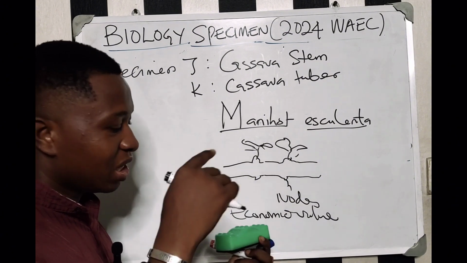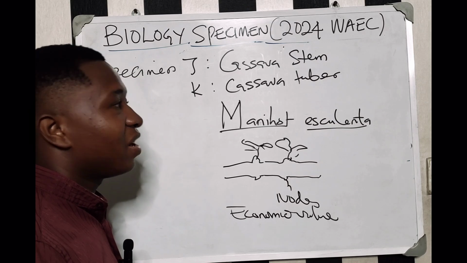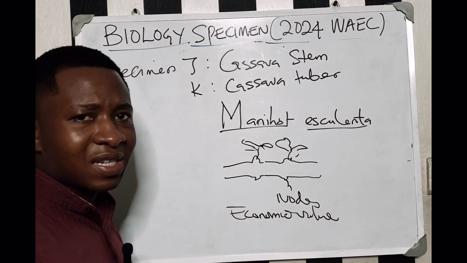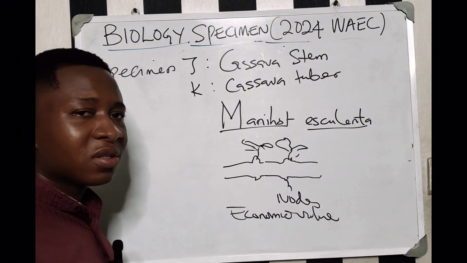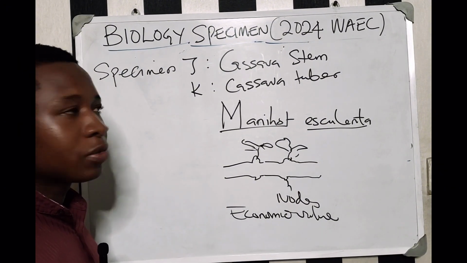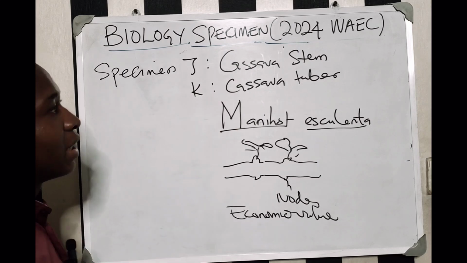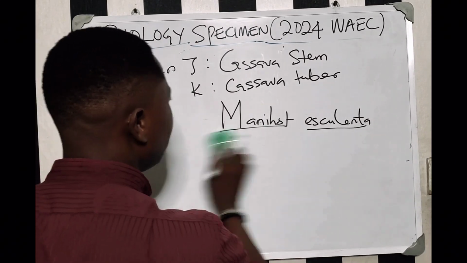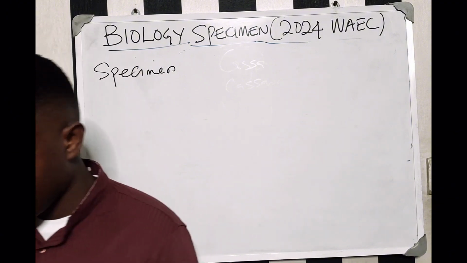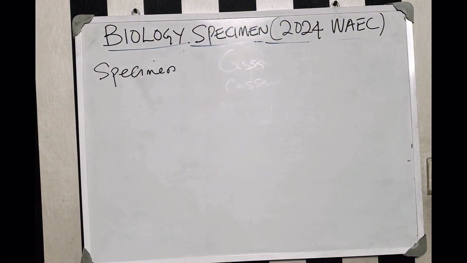We know that we process cassava into gari, into fufu, cassava flakes, a lot of things. So the economic value is very high. So that is specimen J and K. Let us move over to the next specimen, which is specimen L.